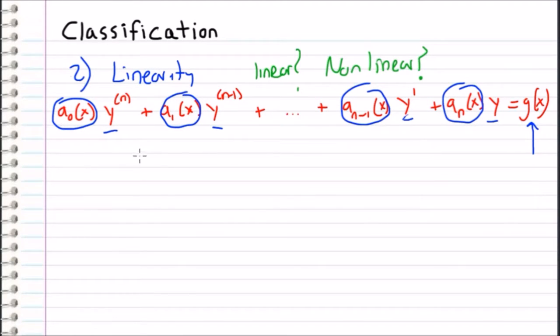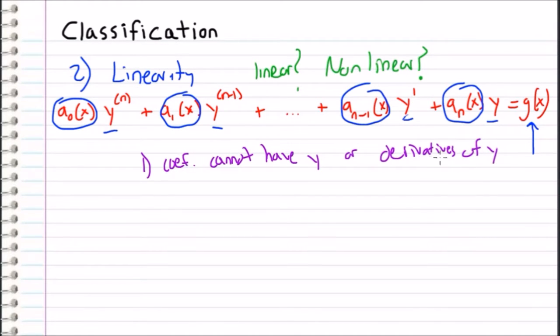We can simplify this into a couple of rules. The first is that coefficients cannot have y or derivatives of y. This just means what I have circled in blue here cannot have y or a derivative of y, meaning it is only a function of x.